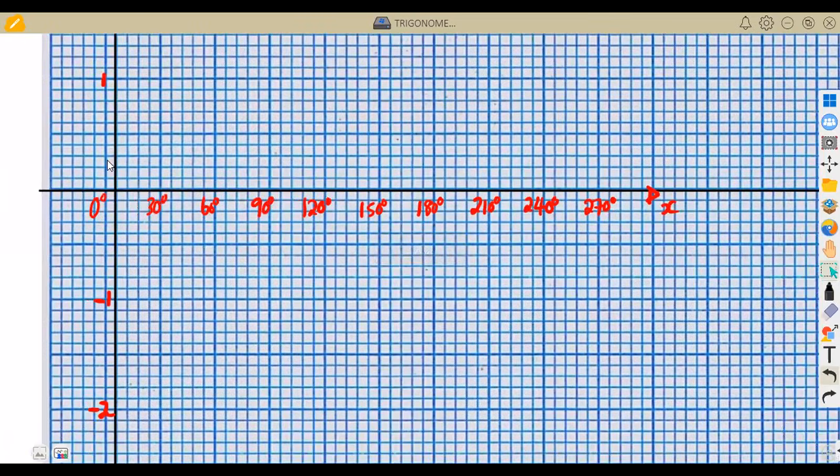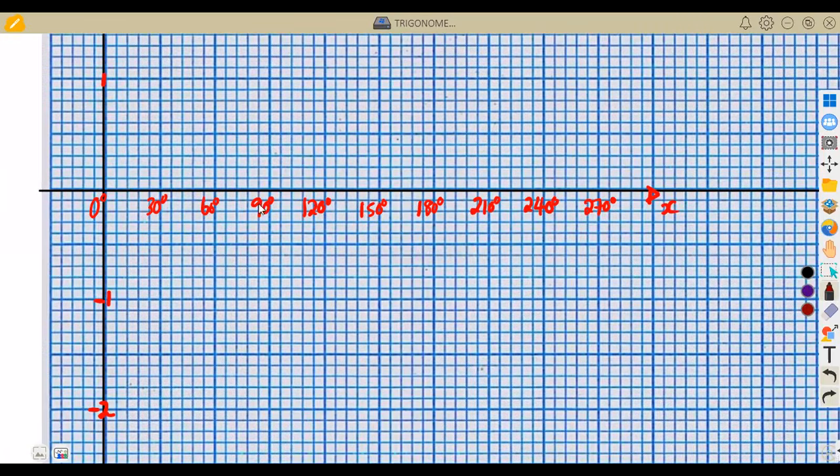Let me try to shift this line here, meaning we are supposed to have it directly at this point. So that here we are going to have 1, 2, 3, 4, 5. All right, so the 5 boxes are representing 30. So it's going to be 30 up to 270 degrees.